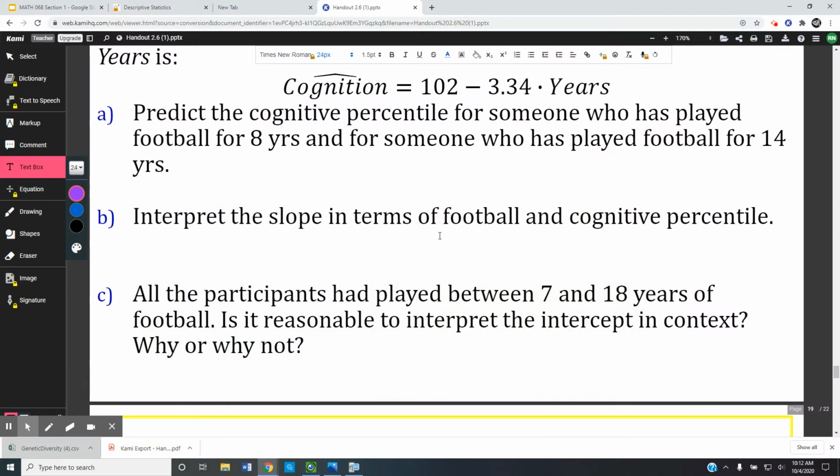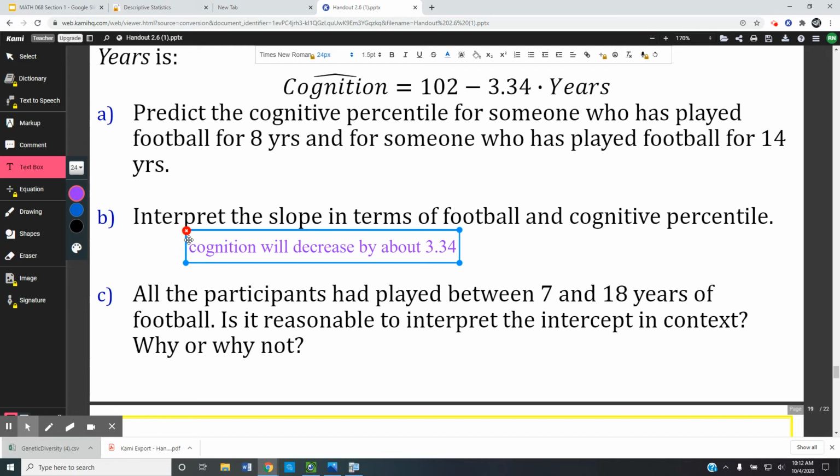Interpret the slope in terms of the football and cognition percentage. Okay, so we're interpreting the slope of negative 3.34. So in my text box over here, let me see, cognition will decrease, got to use the word decrease, by about 3.34.